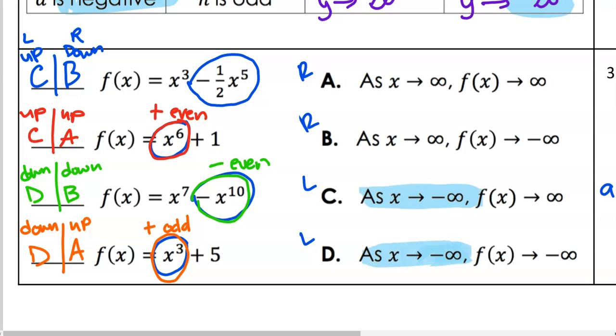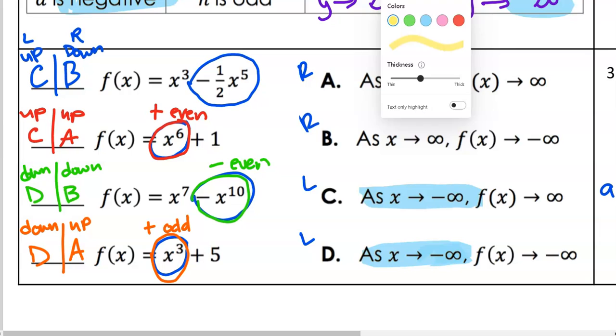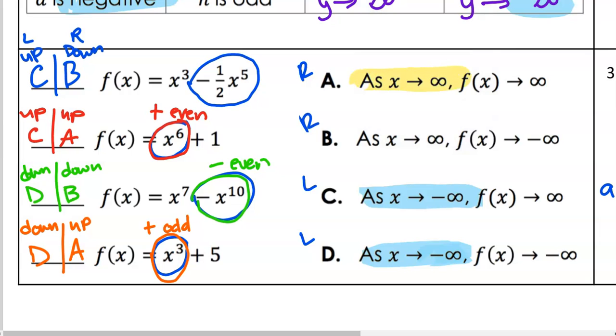When my x's are negative numbers on the grid, that's the left side of the grid. And the other ones, when my x's are positive, that's showing the right side, where my x's are positive numbers. That's how you determine left versus right. Good question.